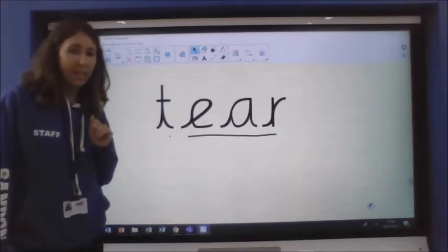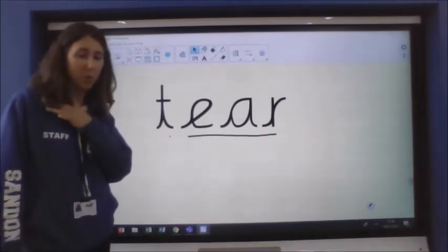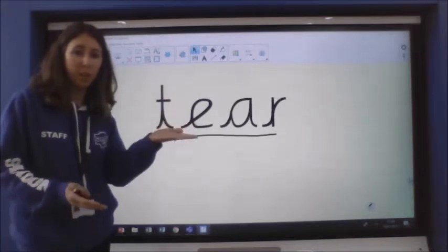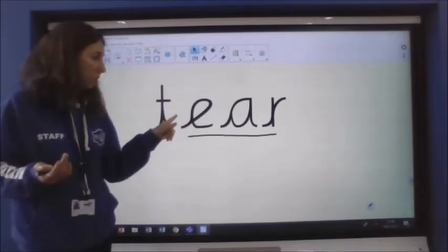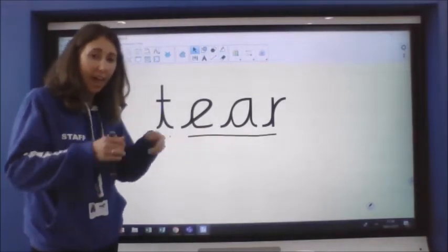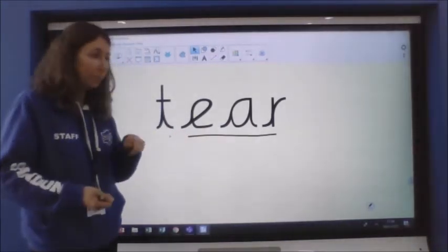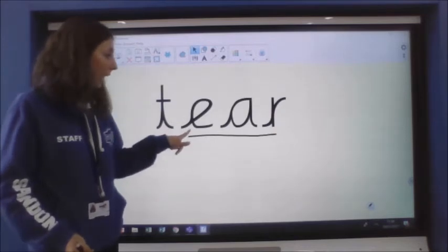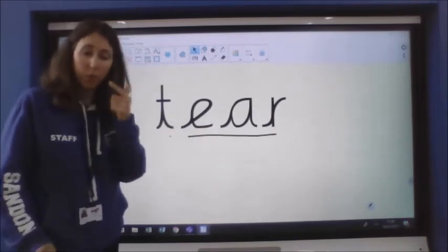This word is a little bit like we talked about last week when we had read or read, because this word could be tear, like to tear the paper, or it could also be tear, cry, couldn't it?